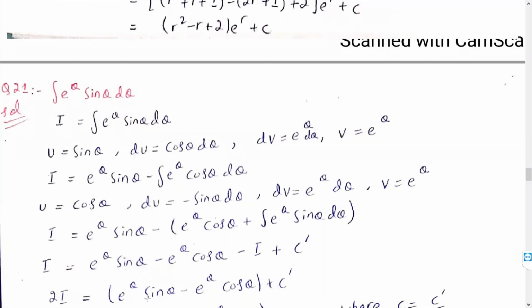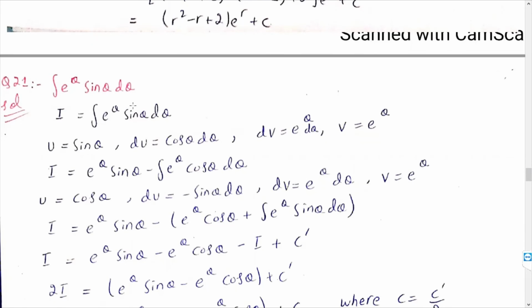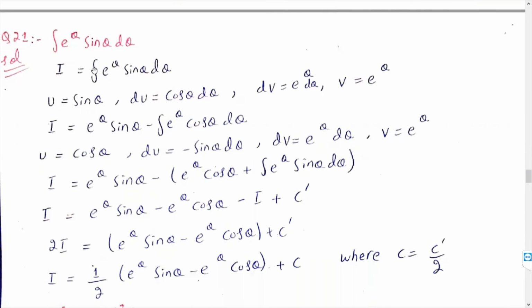This is once again the same question, like e raised to power theta into sine theta d theta. So let I is equals to integral of e raised to power theta sine theta d theta. Let u is equals to sine theta. Taking the derivative of u, we get cos theta d theta. The remaining term comes under dv. Taking the integral of dv, we get v is equals to e raised to power theta.